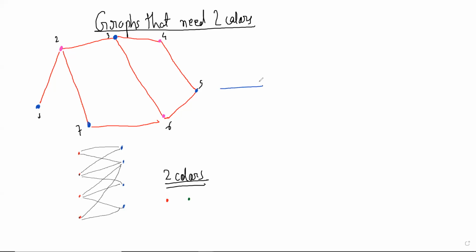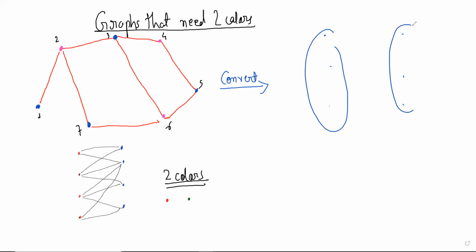I'm trying to convert this, or rather, rearranging is the right word, to a picture like this, where everything on one side doesn't have anything between them. Let's do it. Then it will be more clear what the picture is.